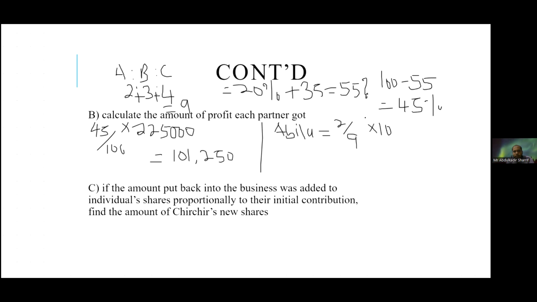And the other one, alichukua 3 out of 9 times 101,250. And the other one was Churchill, alichukua the remaining portion, which is 4 out of 9 times 101,250. So this is Buire, and this is Churchill.